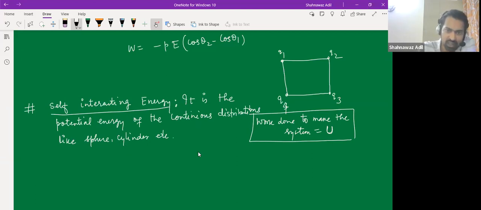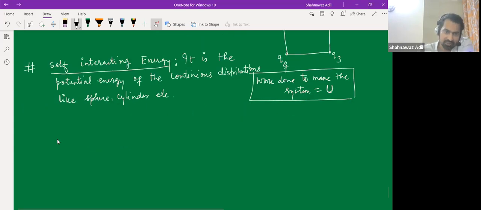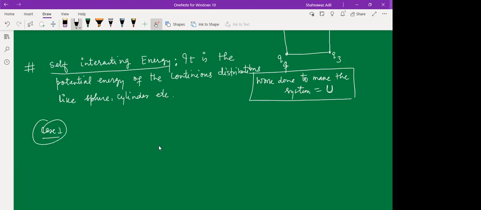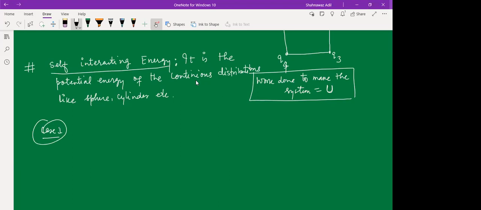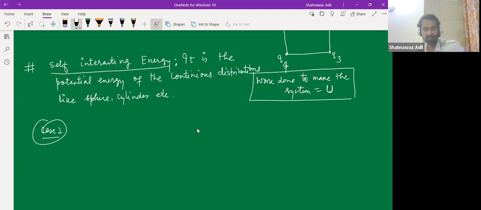Let's say you have a sphere. It is a continuous, or we can say homogeneous, distribution.